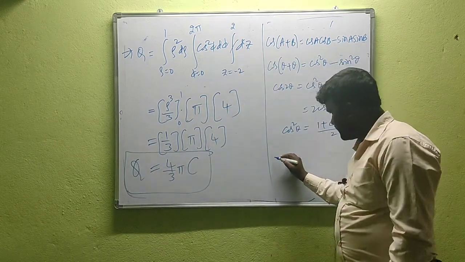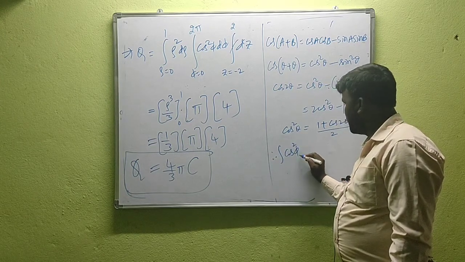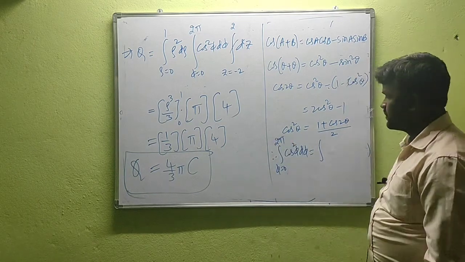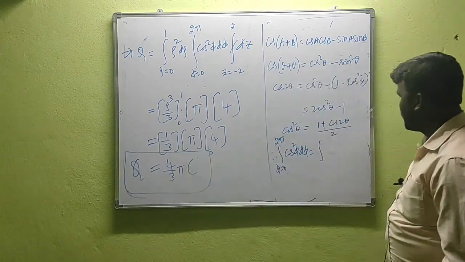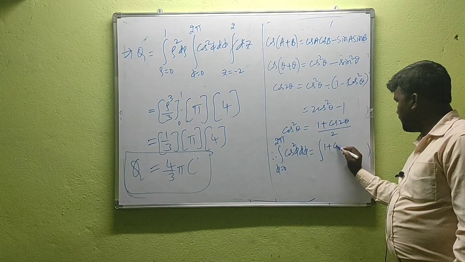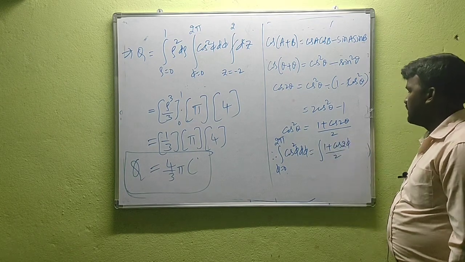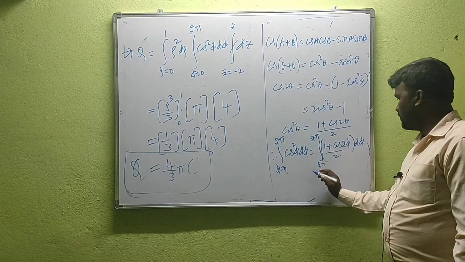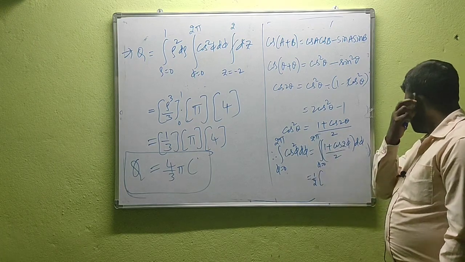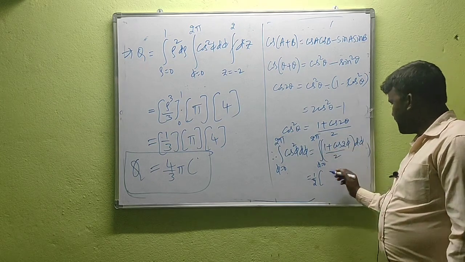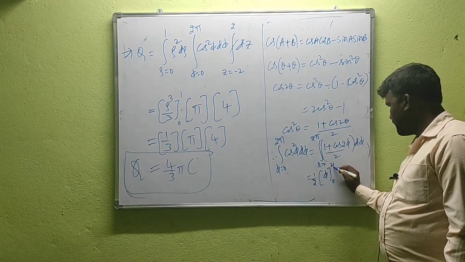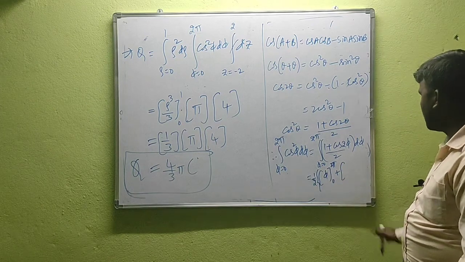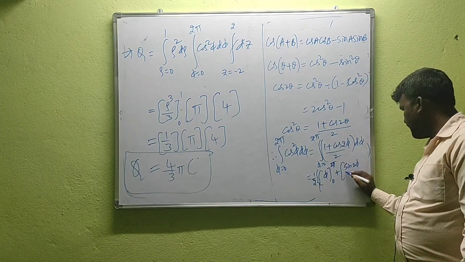Therefore the integral of cos²φ dφ, of course φ is varied from 0 to 2π, can be written as the integral of (1 + cos 2φ)/2 dφ, with limits φ = 0 to 2π. So 1/2 is common to all, and the integral of dφ gives φ varied from 0 to 2π, plus the integral of cos 2φ, which is sin 2φ divided by 2.